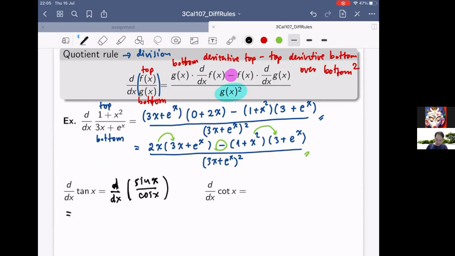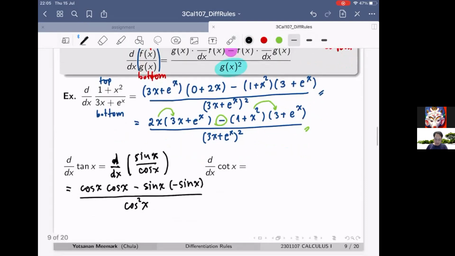So we have the bottom first, derivative of the top, so derivative of sine becomes a cosine, right? And then minus the top, which is your sine, derivative of the bottom, which is a negative sine, right? Derivative of cosine becomes negative sine, over cosine square.